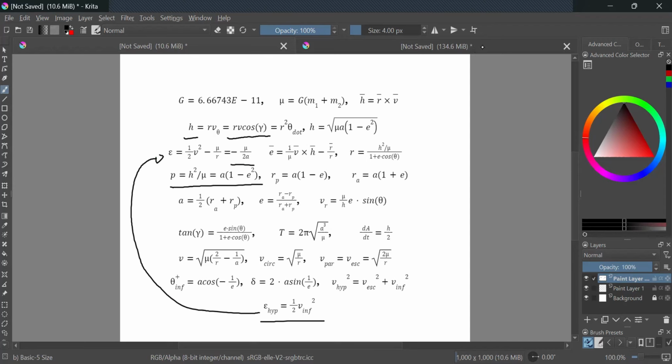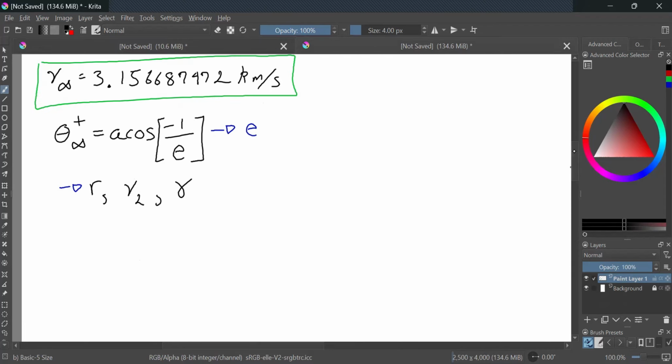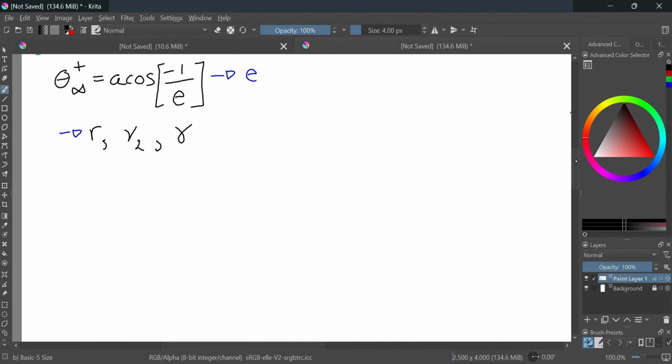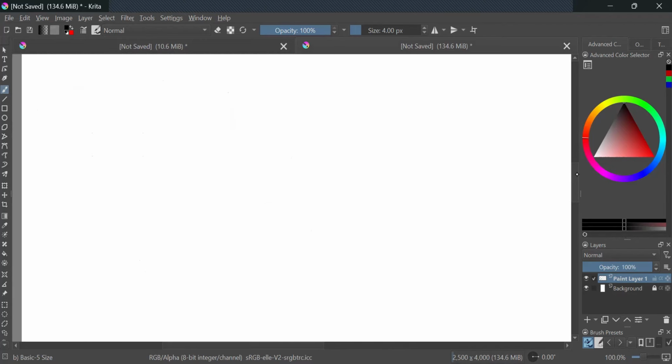Let me start with the semi-major axis equation. So, scroll down to some blank space down here. I want the excess energy equation, which is the excess velocity squared over 2, and is equal to minus... don't lose track of your equations.